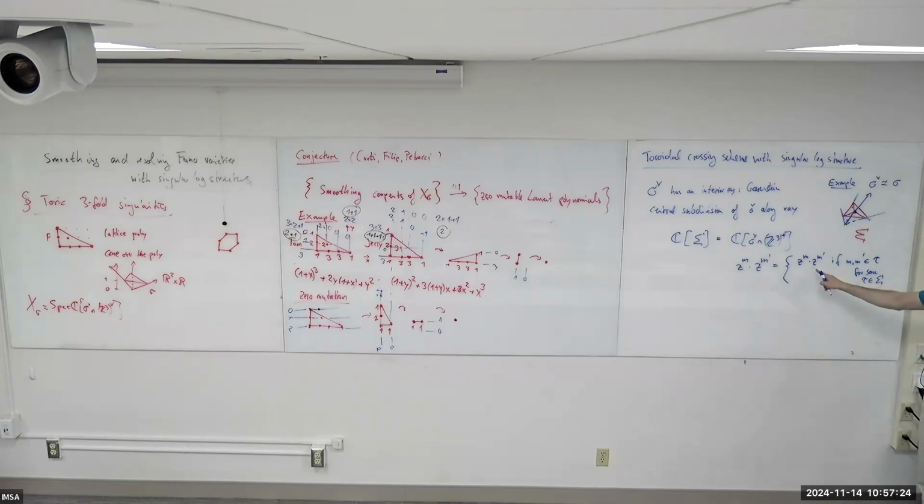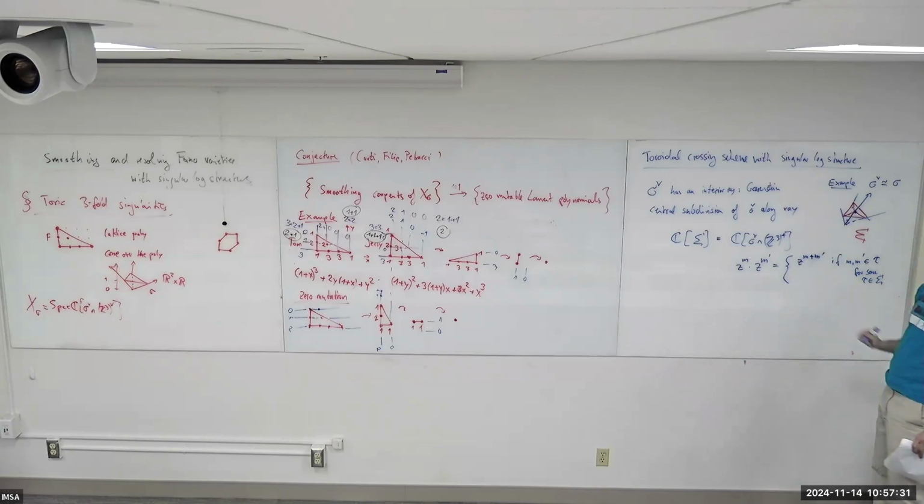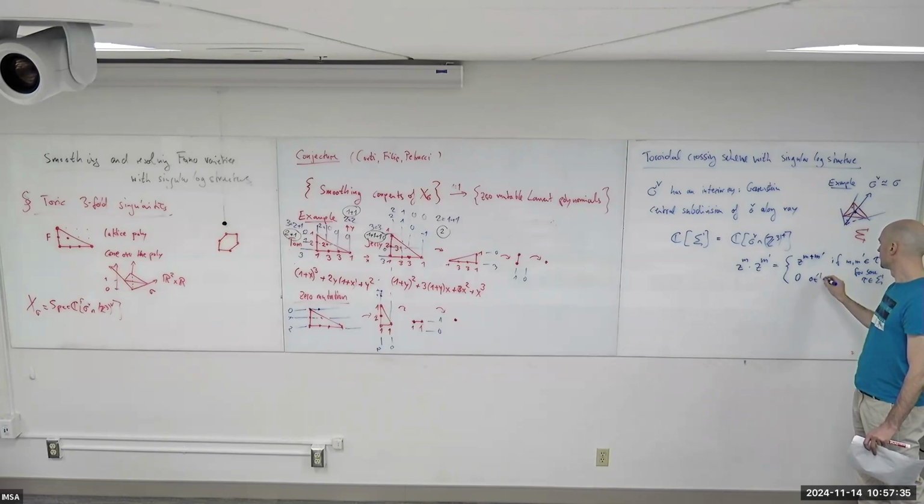So you only get the ordinary multiplication. Oh, sorry, I should write here m plus m'. Yeah, that makes it clear. Or it's 0 otherwise.